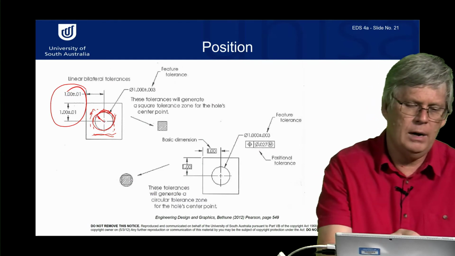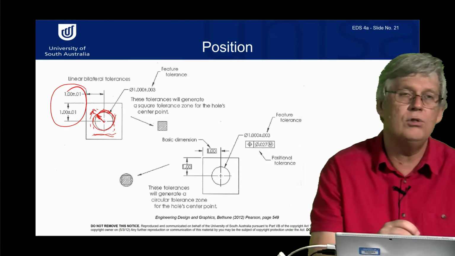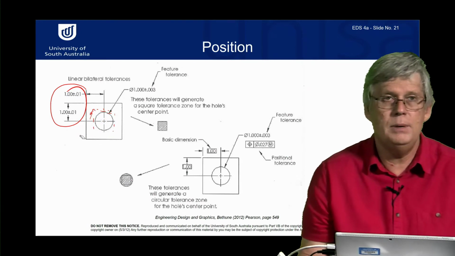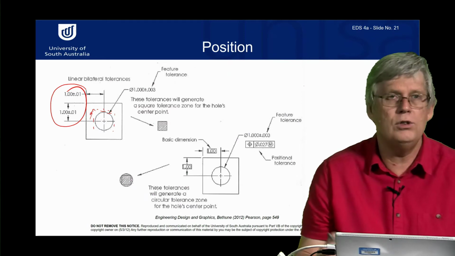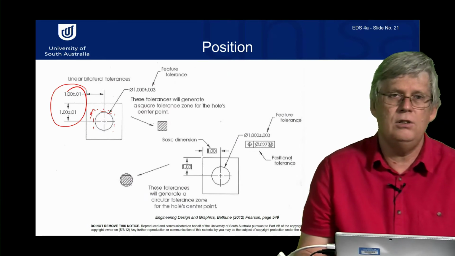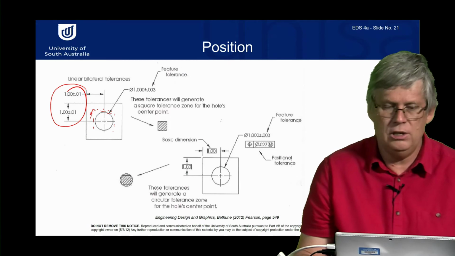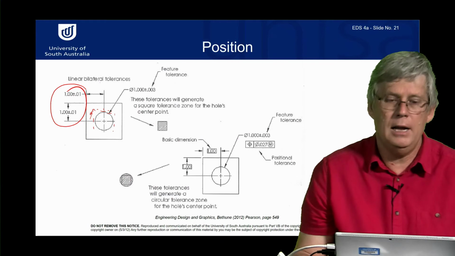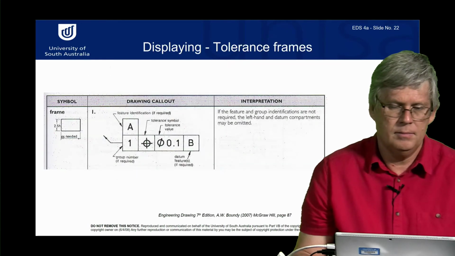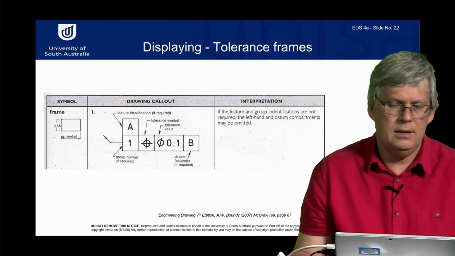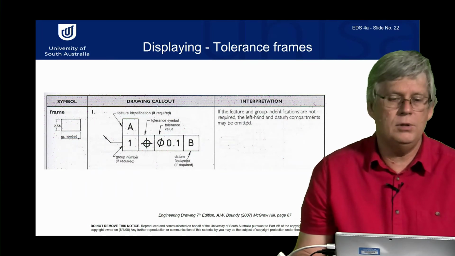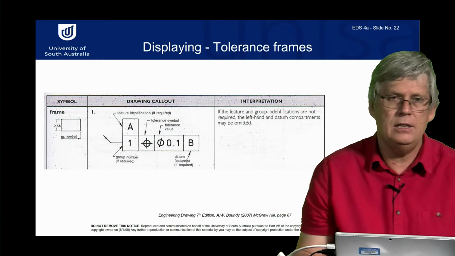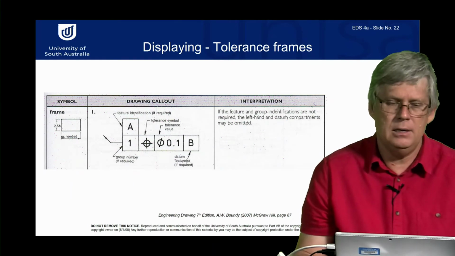So it can only go the radius distance out, not out to a square distance. That's a little bit different also with positioning holes. You might say, what is the radial distance you want that hole to be from your ideal position, rather than X and Y dimensions, which are further away from that hole. So here's the tolerance frame. For adding geometry tolerances, there's a frame, and we build that up in SolidWorks, and we'll show that in a minute.